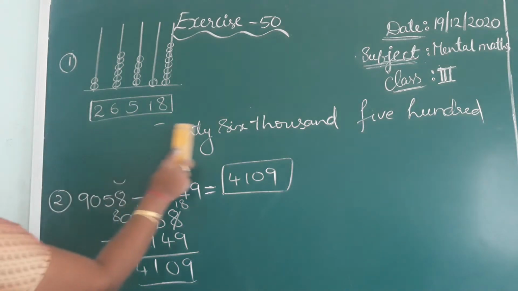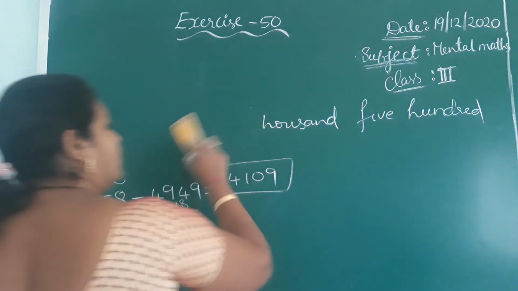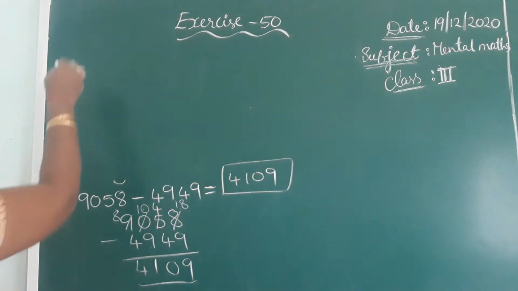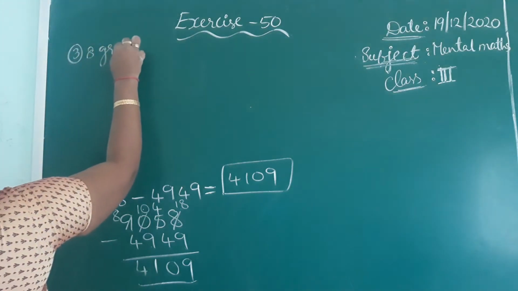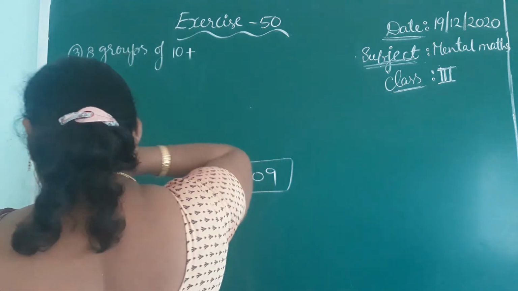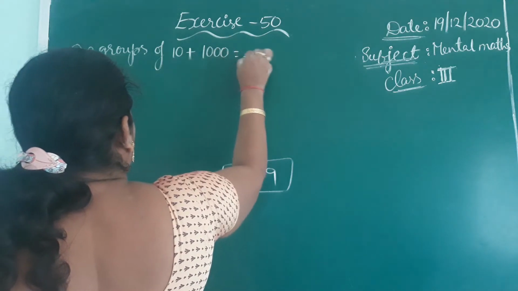Third one, 8 groups of 10 plus 1,000 equal to how much?